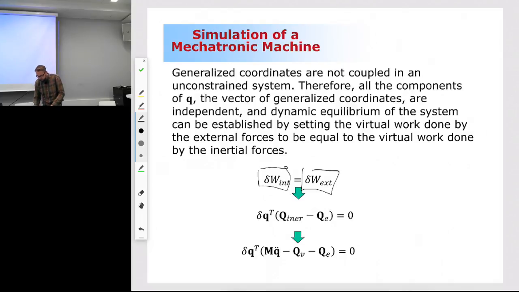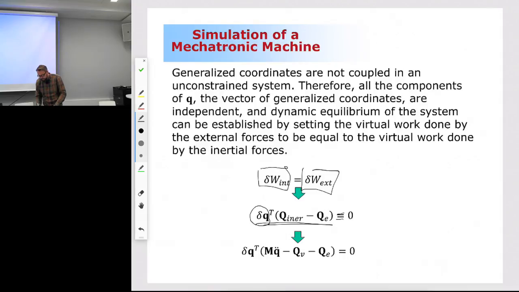This is basically the equation that says that the mass multiplied by acceleration equals the externally applied forces. You just use this concept and then you express everything with the help of virtual displacement of generalized coordinates. And you say that this is equal to 0.